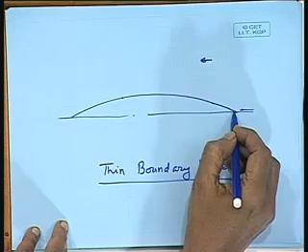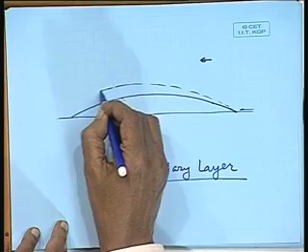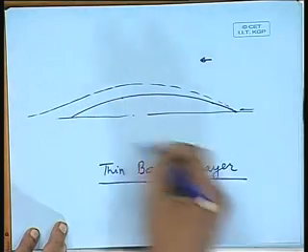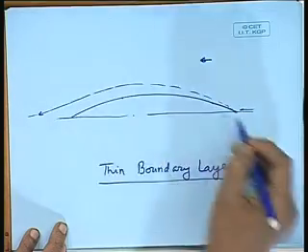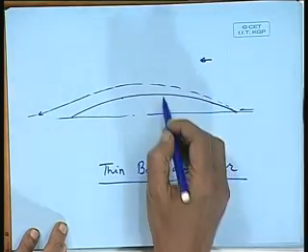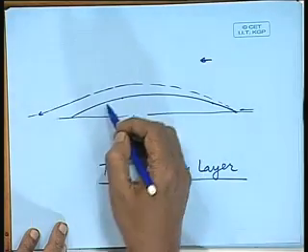Is that clear? We assume that a layer sticks to the surface. No, it does not stick. I am explaining. A layer which develops from the forward end slowly enlarges itself and goes like this, and same in the after body. Okay? This is the boundary layer. This area between the body and this outside line I have drawn is called the boundary layer.